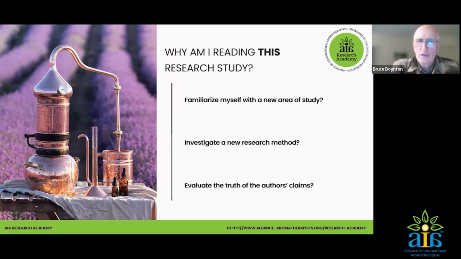Don't read those studies. Familiarize yourself with the area of study. You could also investigate a new research method. There's new ones coming out all the time, or evaluate the truth of the author's claims.